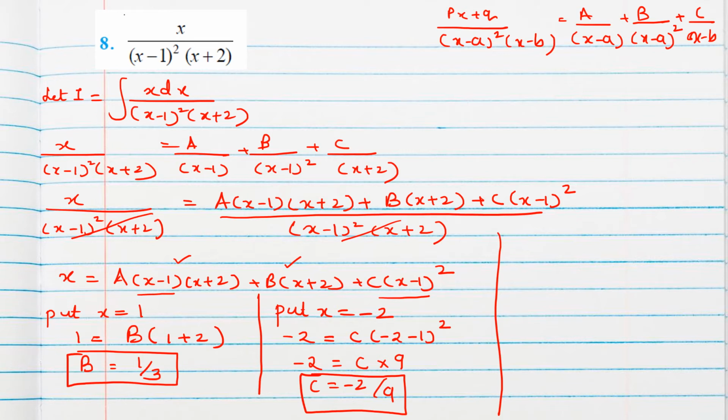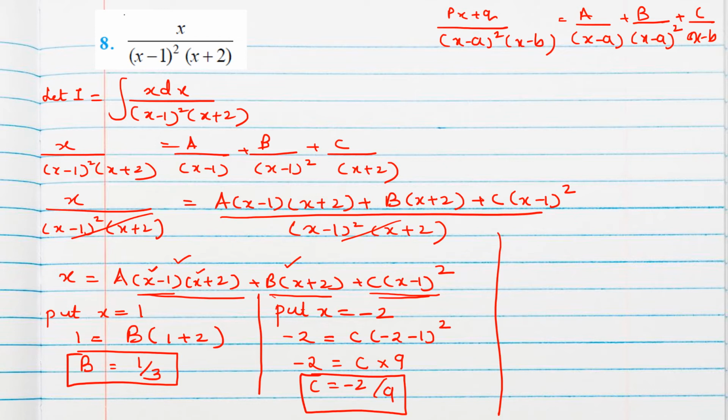So what we can do here, we can compare the coefficient. So a coefficient will be, see, x into x. If you open this bracket, first term will be x into x, that is a x square. Okay, and you have to check in which all other terms you will get x square. Here it is not possible. Here it is possible because this we can open using identity.